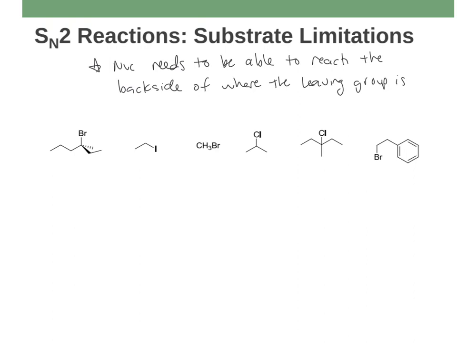And so that means, for example, with this bromine here, partially negative, partially positive, I've got to get to that carbon, and my nucleophile needs to be able to approach from the backside, from the bottom side.